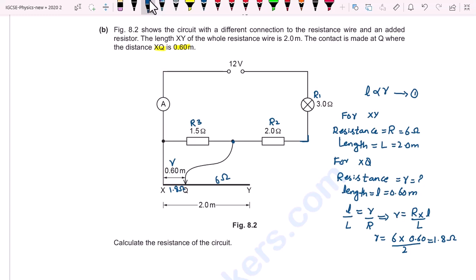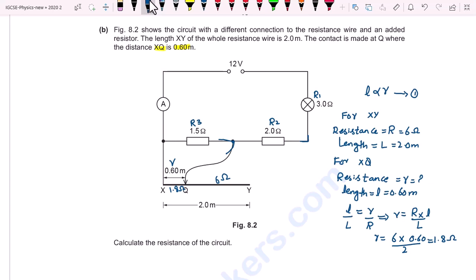It may pass through this or it may pass in this direction. It means that these two resistances are parallel. So what we have to do now is find the equivalent resistance of R3 and small r.